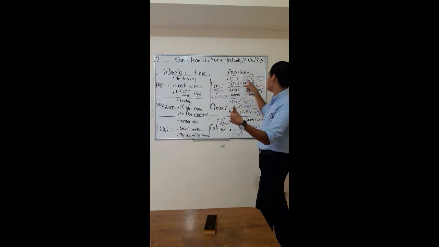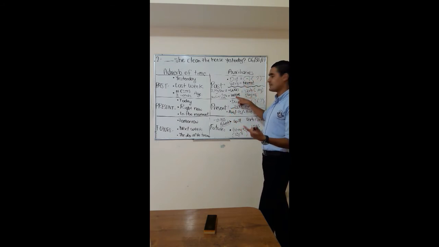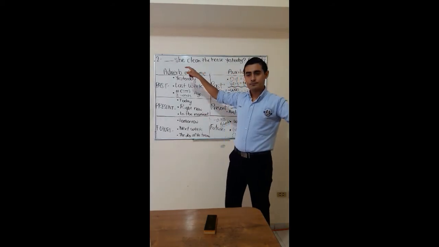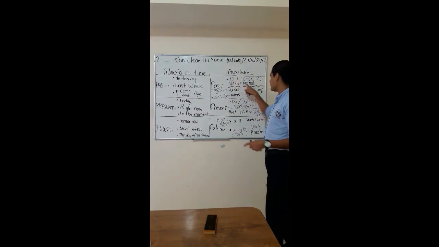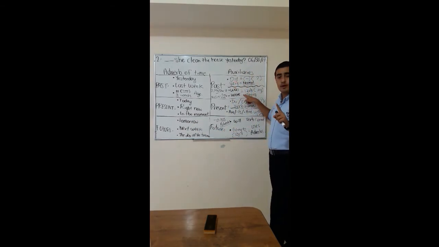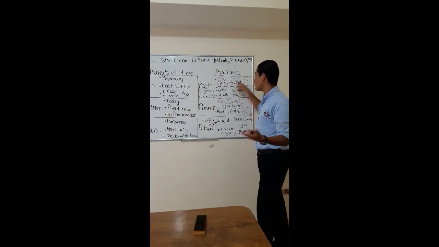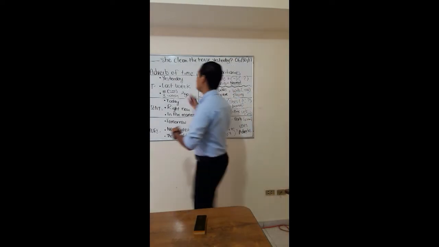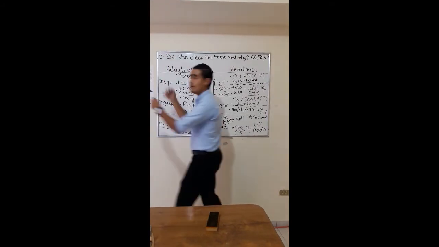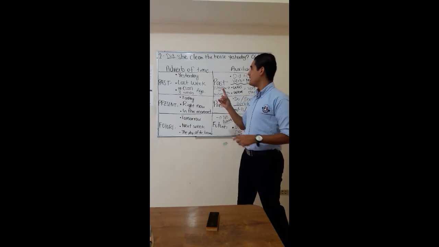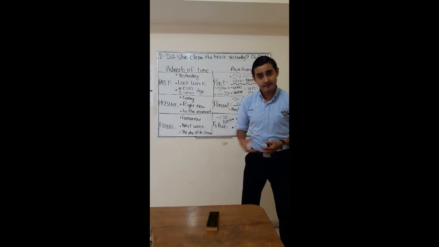So it's did, pregunta or negativo, was and were, también puede ser. But we have to identify now the verb. And the verb is clean. So for example, did, the verb is normal. Was and were, the verb ing. El verbo tiene ing. So here, we know the verb is normal. So the idea is did, okay? Did she clean the house yesterday? ¿Limpió ella la casa ayer?